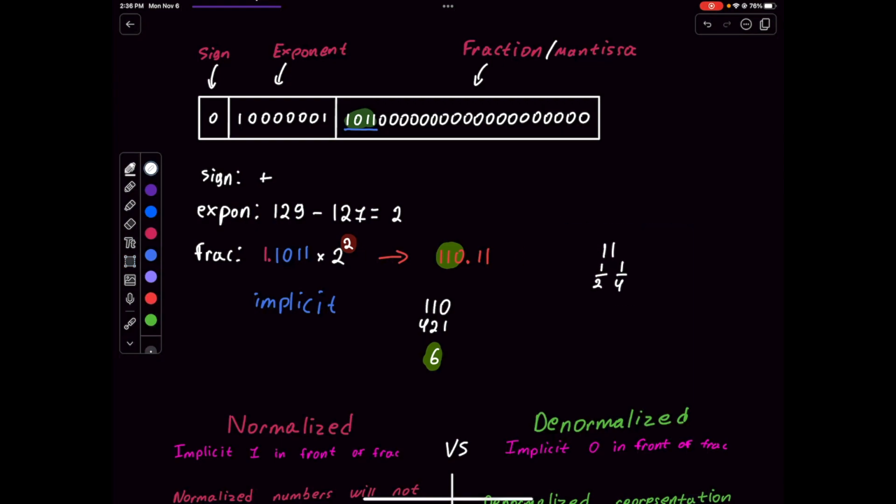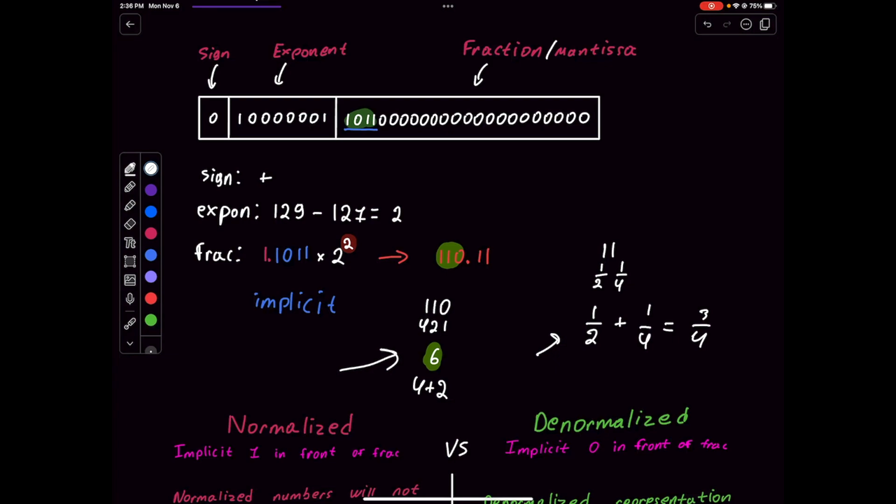So it is 1 over 2 plus 1 over 4. In the whole number case, we just said 4 plus 2, but in this case, we're saying 1 over 2 plus 1 over 4. What would that give us? If we do 2 times 2, that's 4, plus 1, that's 3 over 4.